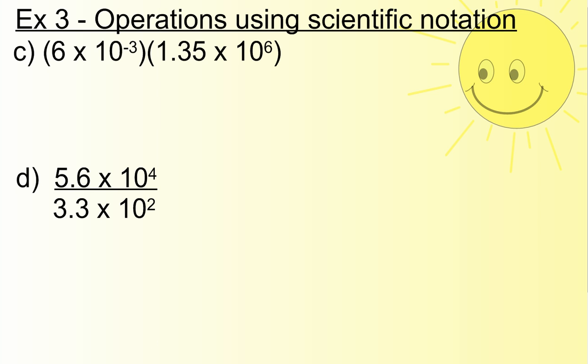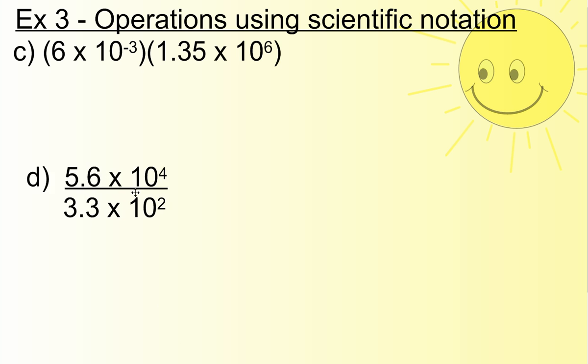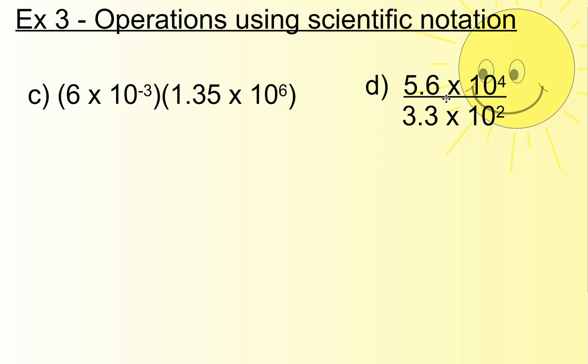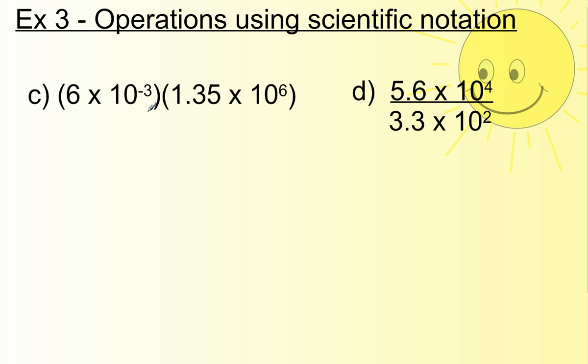So let's see here. My first number here, I'm going to do the same thing. This gives me a bit more space to work, I think. So here I'm going to, again, separate. I'm going to take my 6 times my 1.35, moving my decimal terms together, times 10 to the -3rd, times 10 to the 6th.